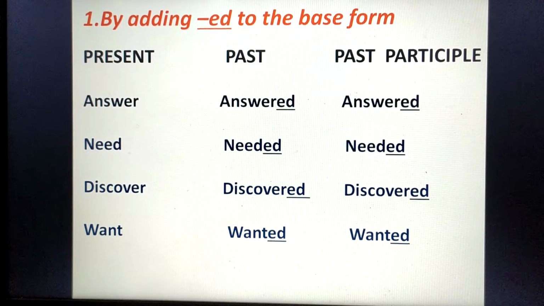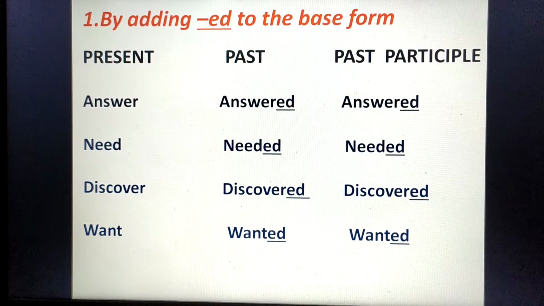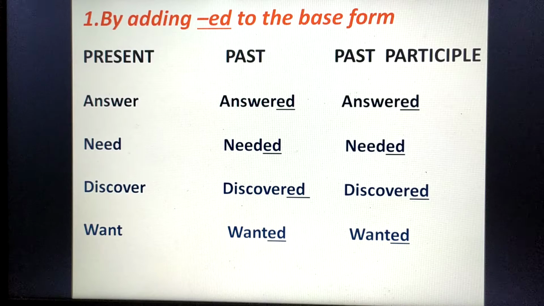You can see here we have answer. We added ed to make it past and past participle, right? We did not do any modification with the word. We simply added ed in all the four words. In answer, we made it answered by adding ed, right? Need became need, needed and needed, right? Third, discover became discover, discovered, right?